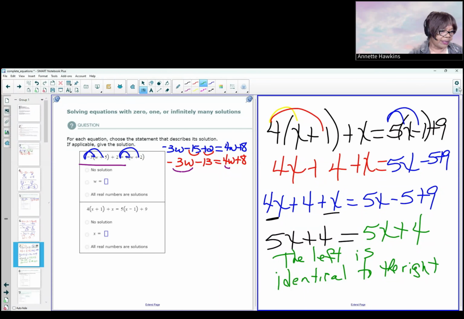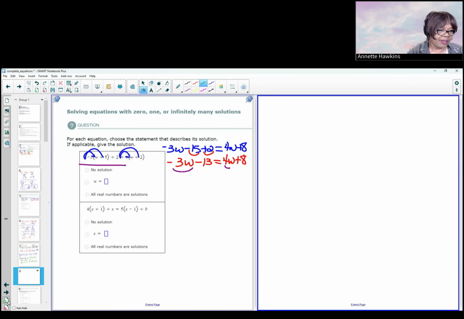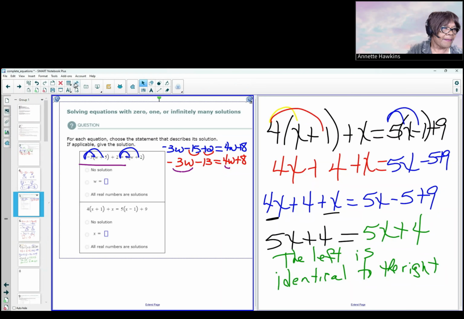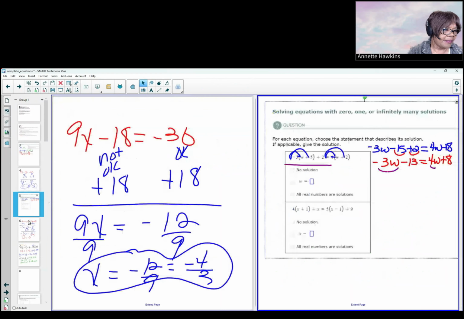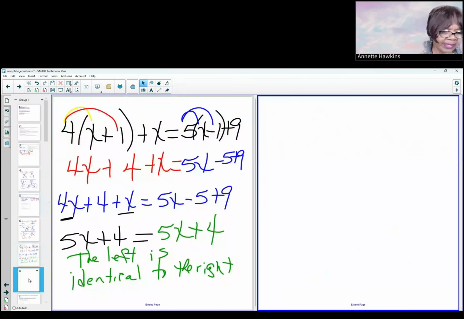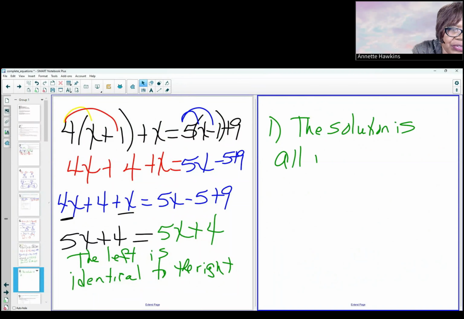This is what it means. All right. So 1, the solution is all reals. And you can write the words.